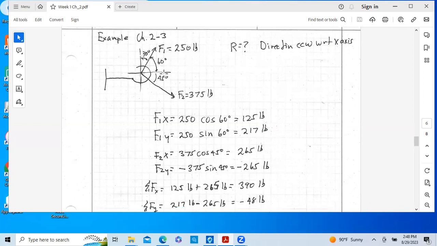So F1x is 250 cosine of 60 degrees, 125 pounds. Cosine, adjacent. F1y, sine function, so it's 250 sine of 60 degrees, 217 pounds.